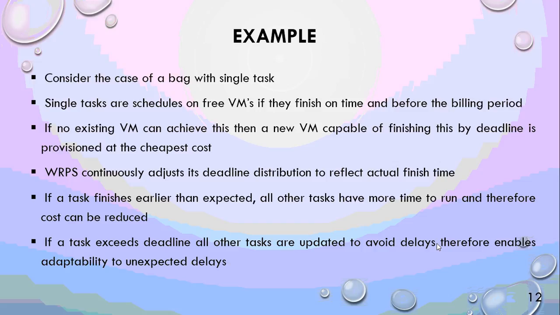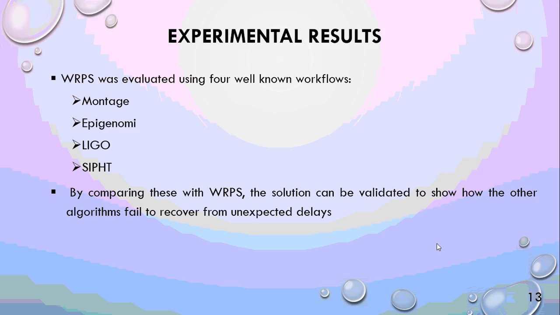Also, if a task exceeds its deadline, then all the other tasks are updated to avoid delays, which enables adaptability to unexpected delays. Suppose there is some task that's taking more than the expected time, then the tasks are updated so that it can be adapted to those unexpected delays and probably rescheduled again.